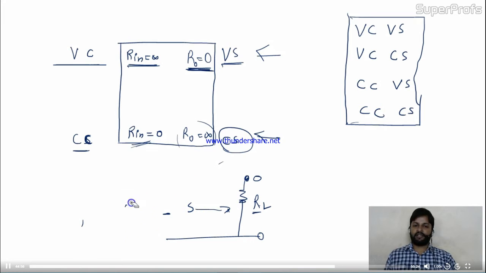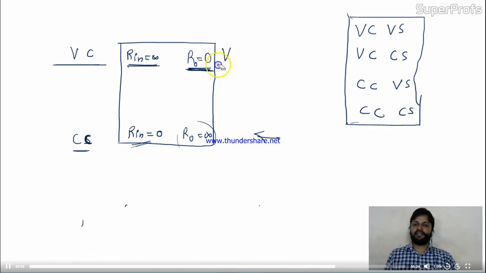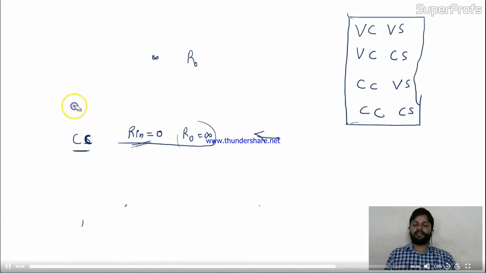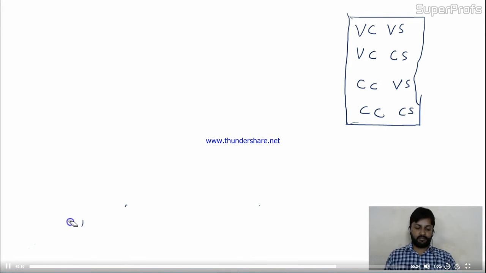Now my point is, this is the voltage control, voltage source, and everything is clear to you. Now let me tell you one thing. If you have voltage control, voltage source, what will be the input and output resistances?